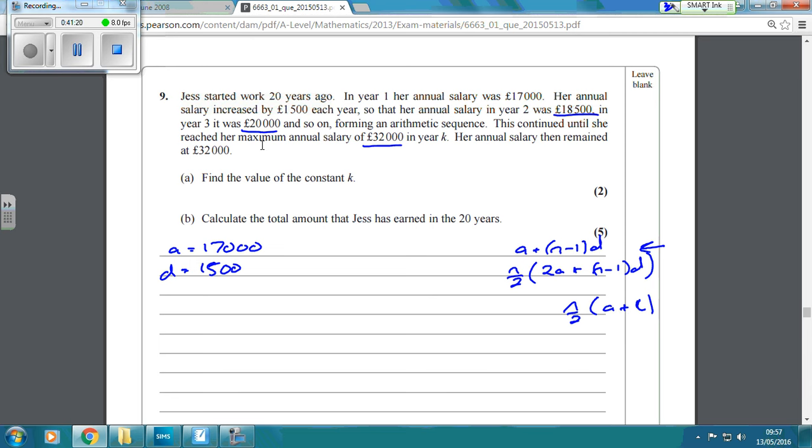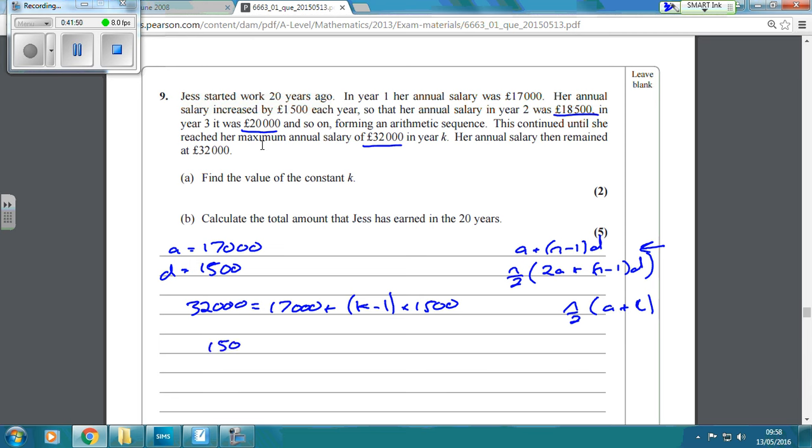So what we've got to do is work out in which year she got 32,000. So I'm going to write down that 32,000 is going to be her initial salary, which is 17,000, plus k minus 1, because instead of the nth term we look at the kth term, times 1,500. Then we take away 17,000 from both sides.